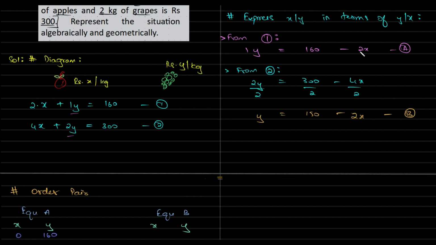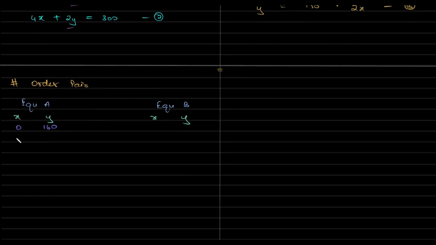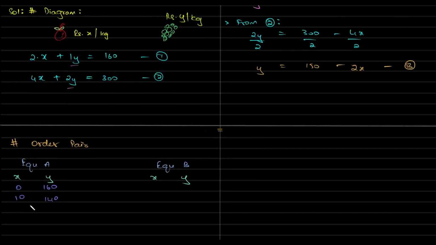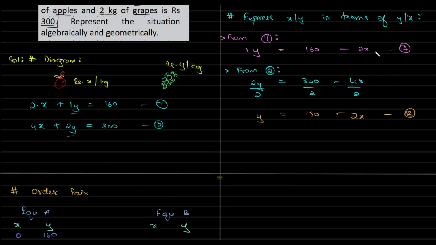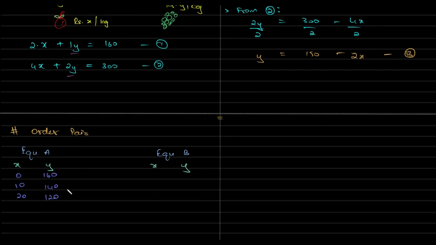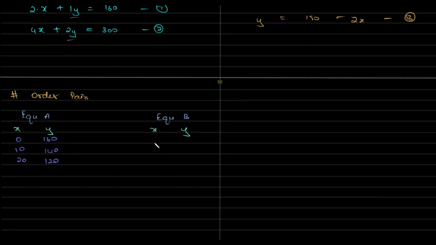It makes sense to go with 10. Go with numbers which are easy for you. 10 is easy, so this will be 10 and 140. Then go with 20, so 20 and 120. Similarly, the other equation also looks on similar lines. Go with 0 and we have 150. Go with 10, we have 130. Go with 20 and we have 110.